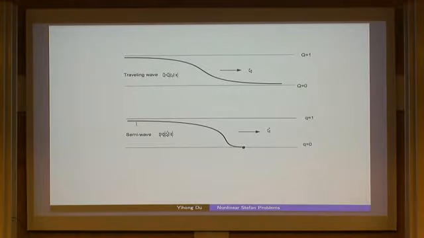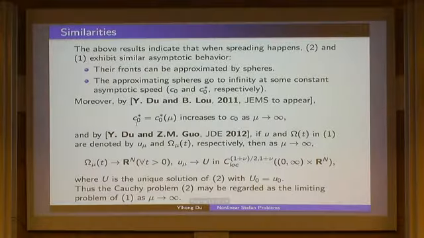If I use these to describe the usual traveling wave, the profile is determined by capital Q, and its speed is C0. Now I have this semi-wave, and it reaches 0 at a finite place, and it moves at a constant speed C0 star. So now we can see some similarities.